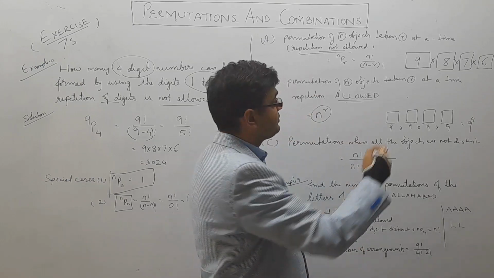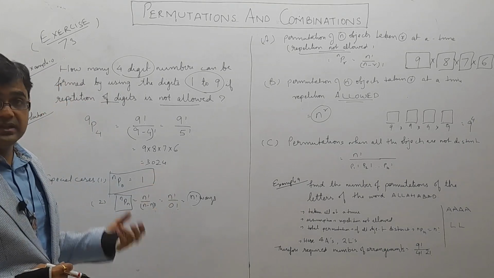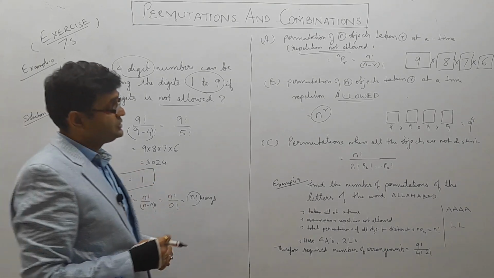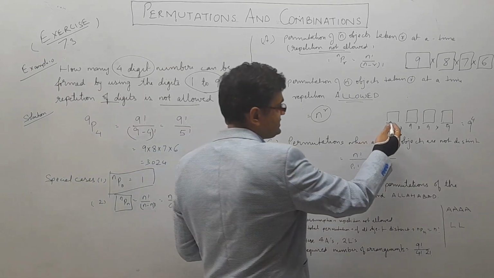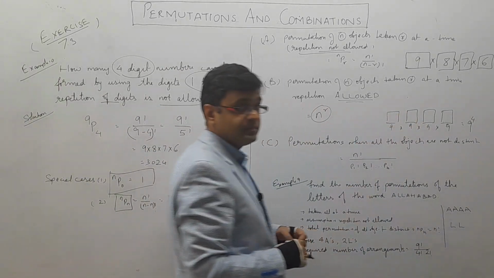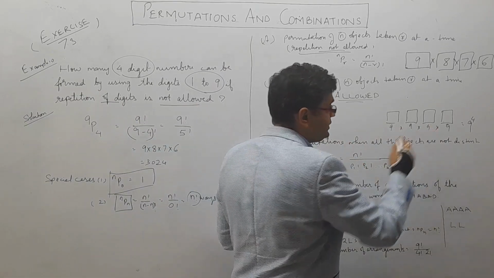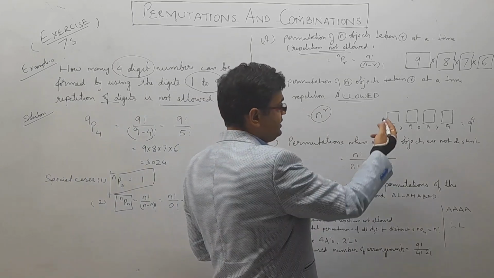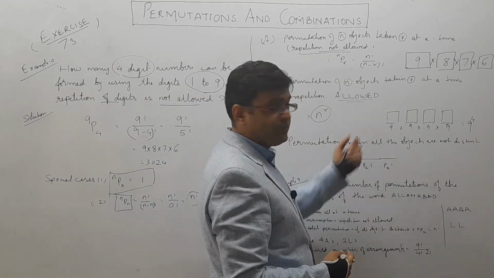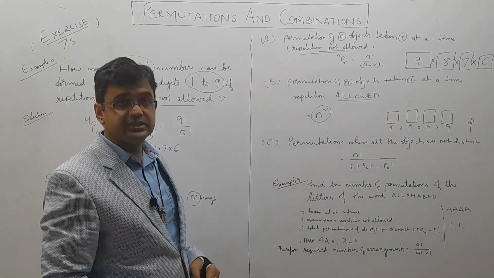But if repetition is allowed, then obviously the first place can be filled in 9 ways, the second place can be filled in again 9 ways, and so on. All the places can be filled in 9 ways because the digits can be repeated. Whatever digit we are placing in the first box, we can place the same digit in the second box. But in the previous case, it was not allowed.